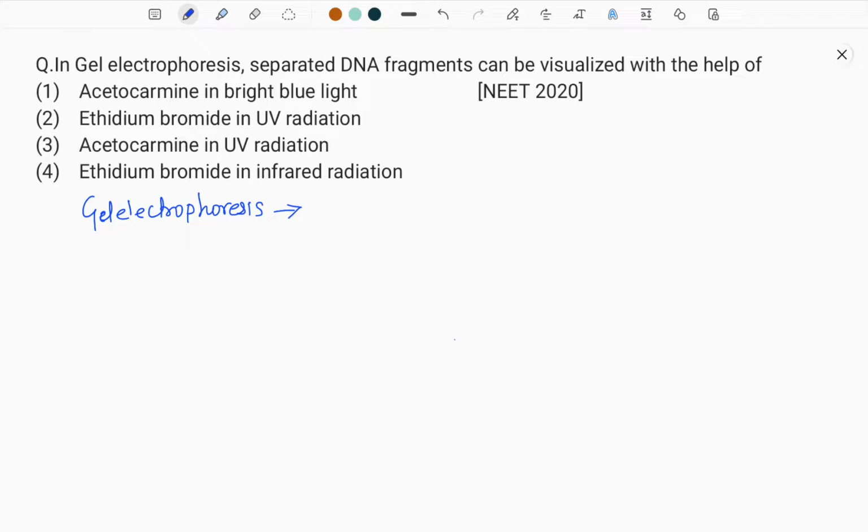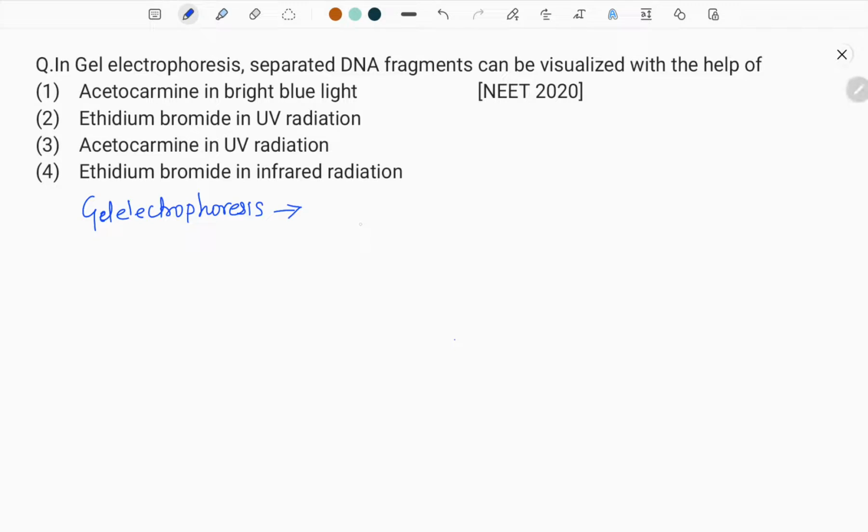DNA fragments which are larger in size will migrate slowly. DNA fragments which are smaller in size will migrate fast. More digested particles are smaller in size, less digested particles are larger in size. So that is the case of electrophoresis.